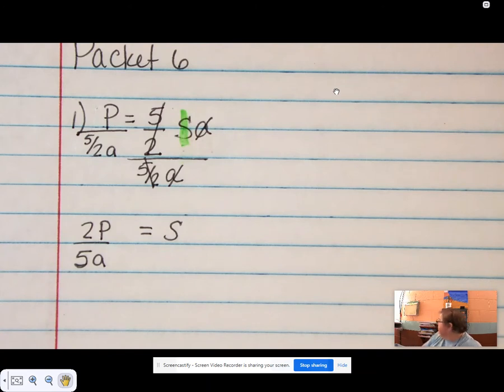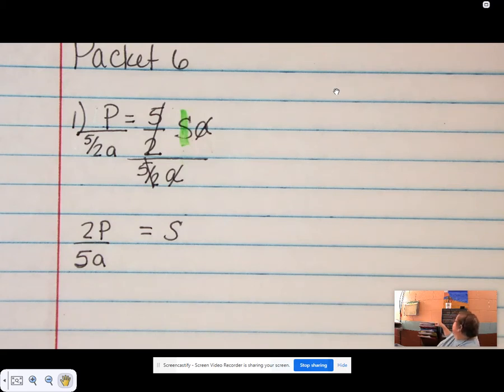Okay. So now we're going to look at, select all the tables in which the y value changes at a constant rate per x.